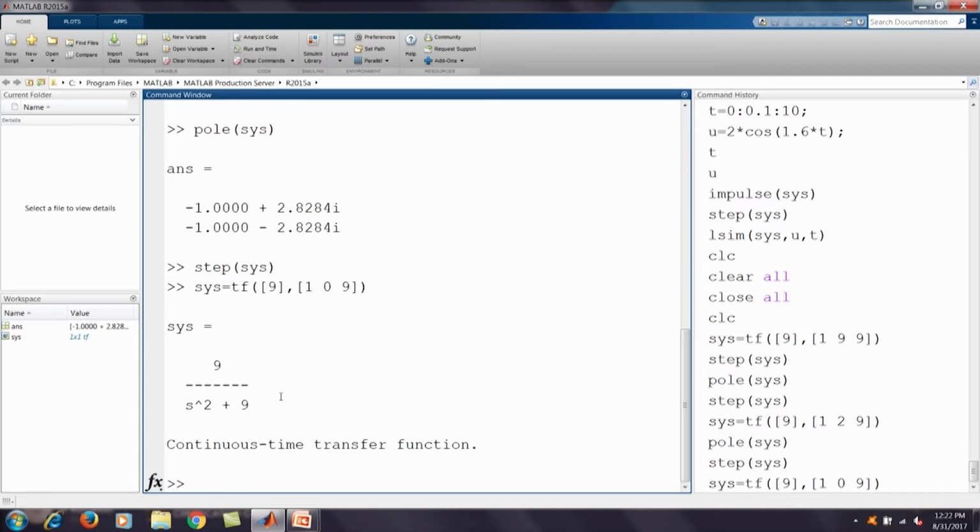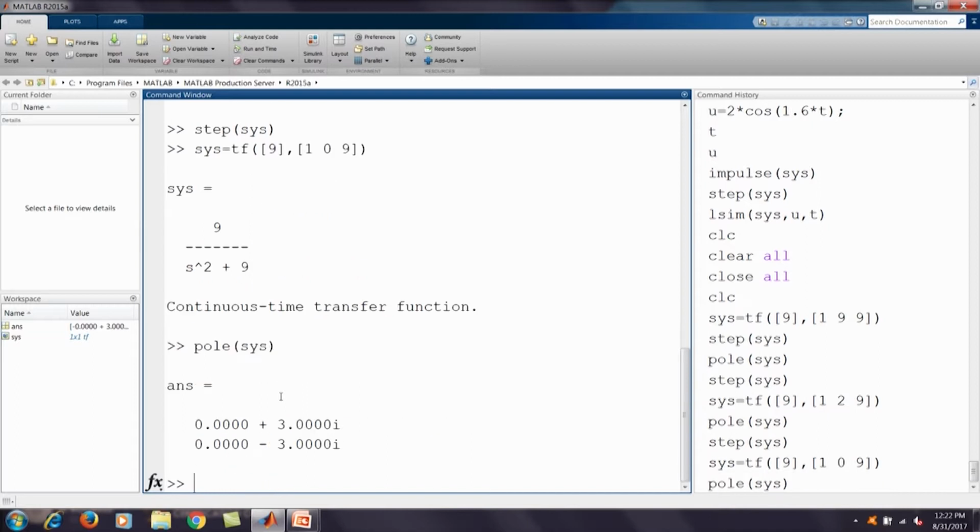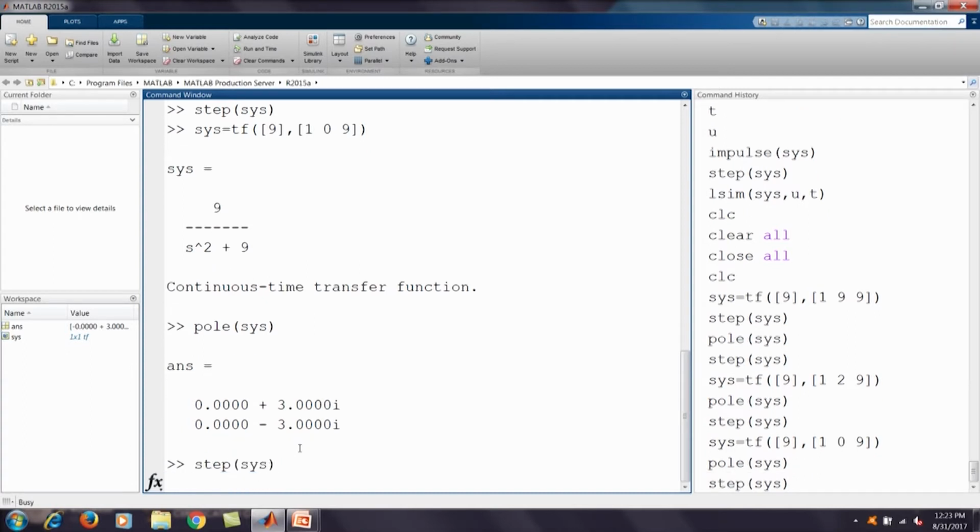Now if I get the poles of the system, I will get that the real part is 0 and the poles are plus minus 3i. These poles are on the j omega axis, so this is the undamped case, and we will see the response of this system against step input.